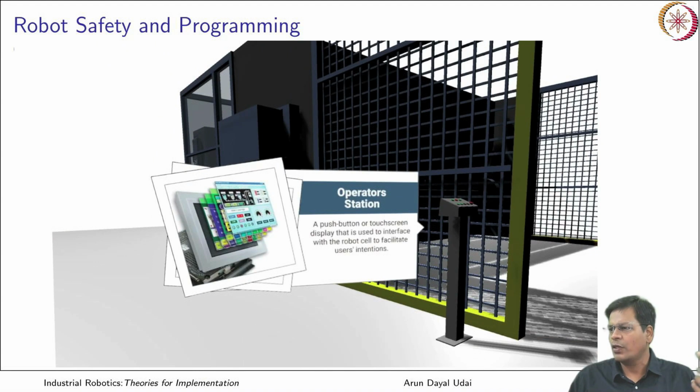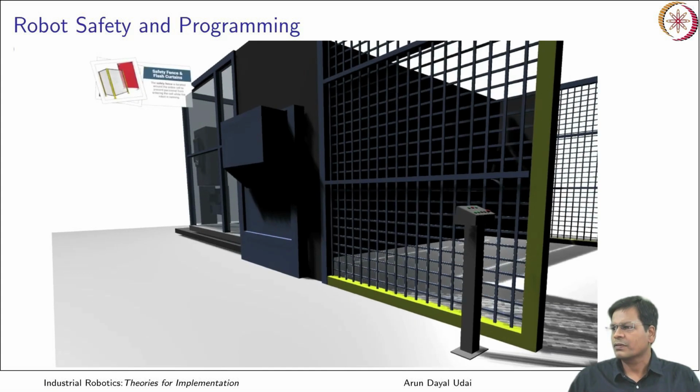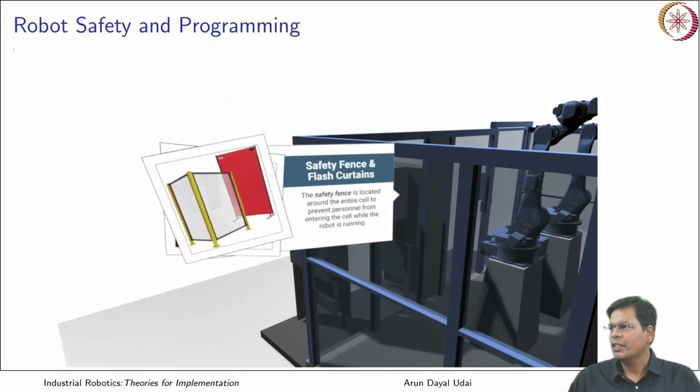And this is where you have the operator station, where you have a push button or touch screen display that is used as an interface with the robot cell to facilitate user intention, that is normally to interact with the robot through this electronic device. You can do it from here. Okay. And then you have safety fence and flash curtains.